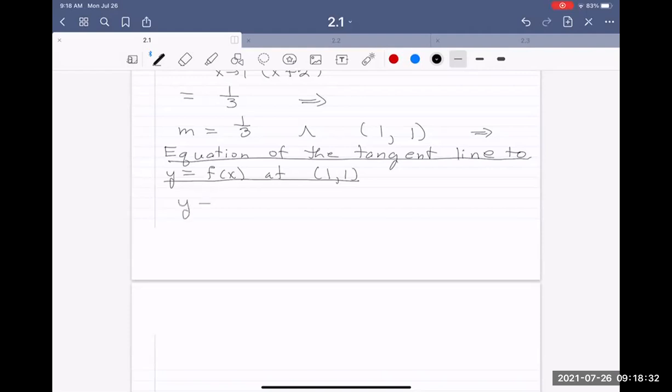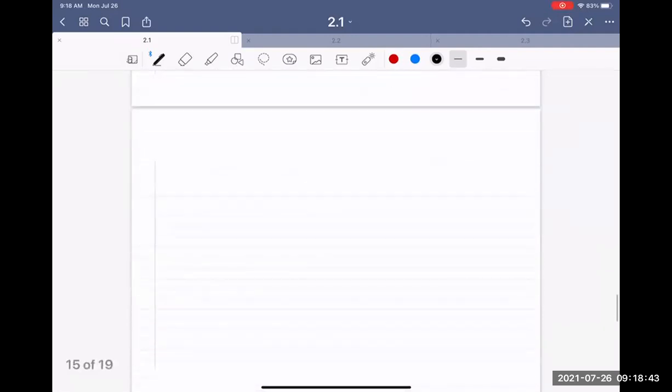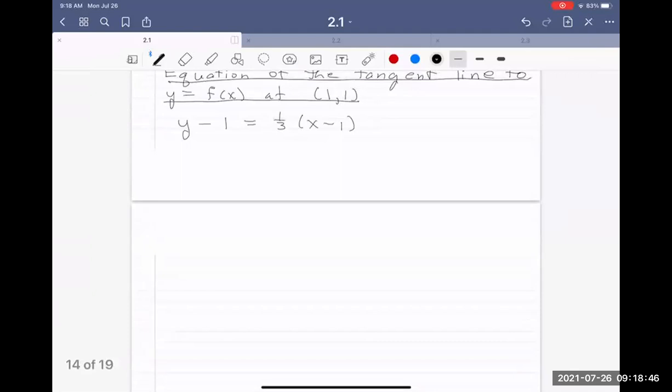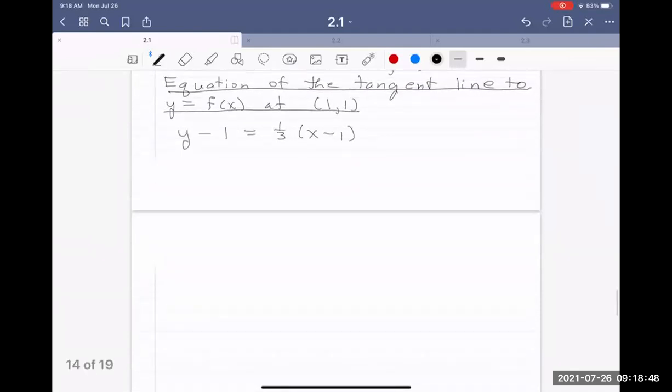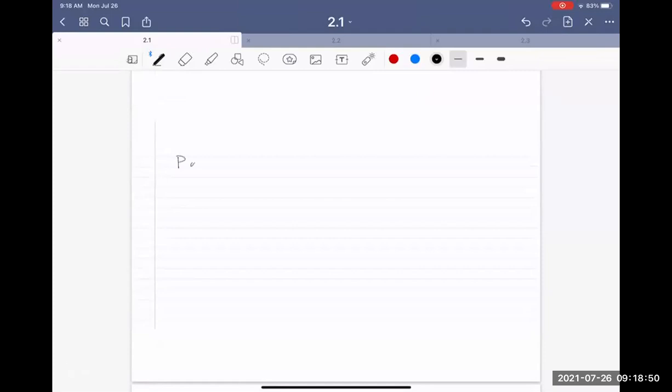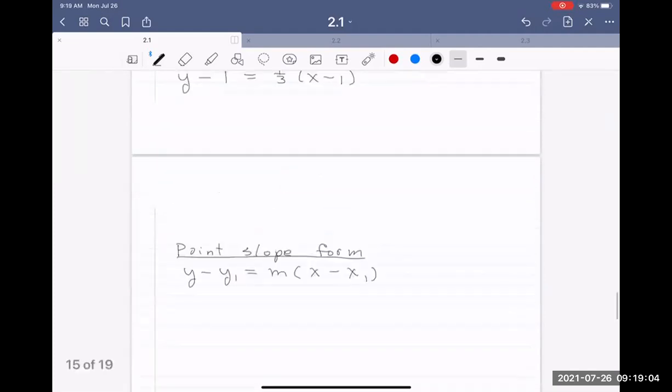So y minus y1 equals m times x minus x1. That's the equation of my tangent line. So I've used the point-slope form for the equation of a line, which was y minus y1 equals m times x minus x1.